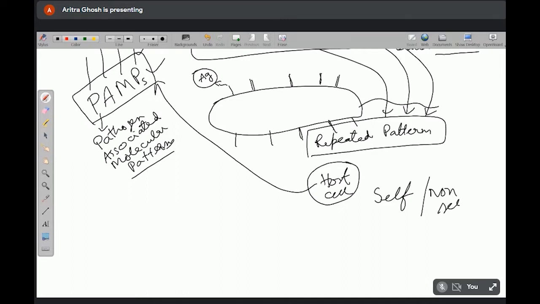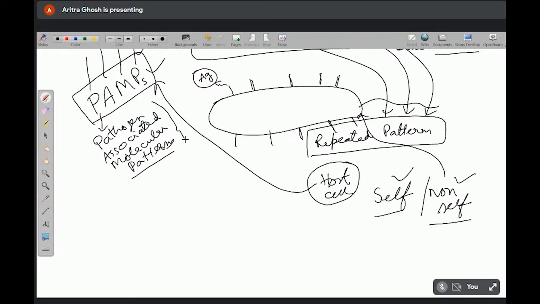Yes, some receptors are there. There must be some common name. It is called PRRs. What is this? Pattern recognition receptors. Yes, very good. Pattern recognition receptors.